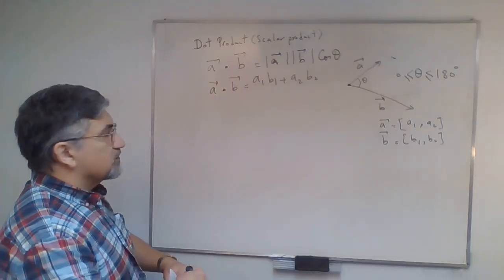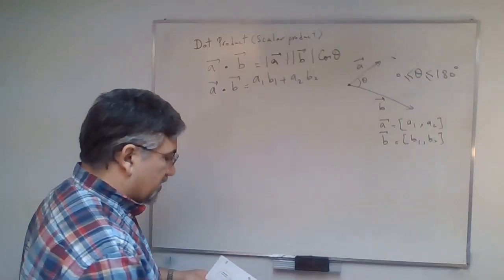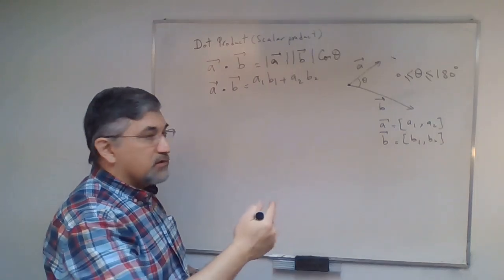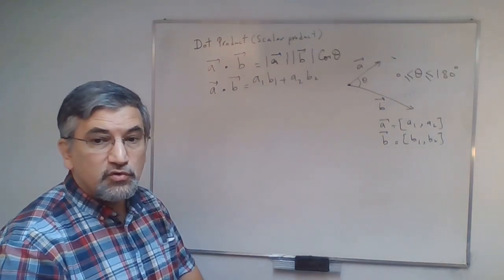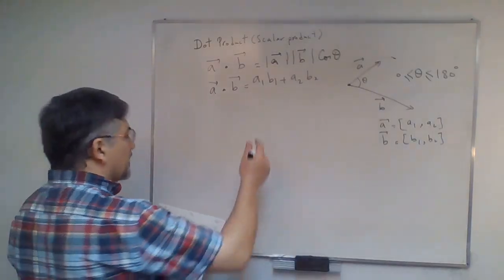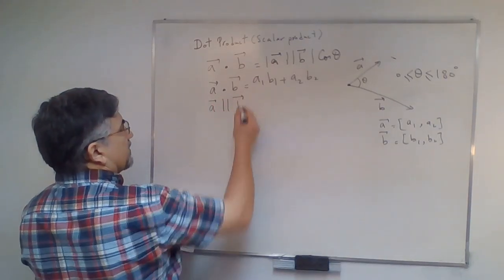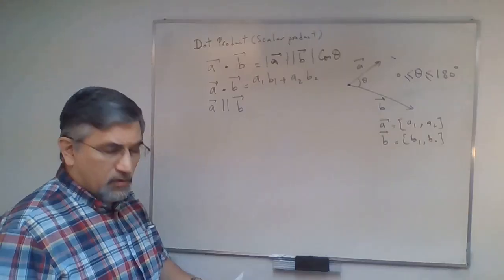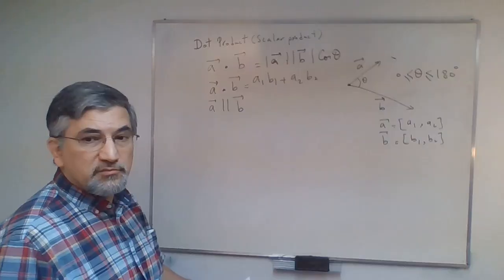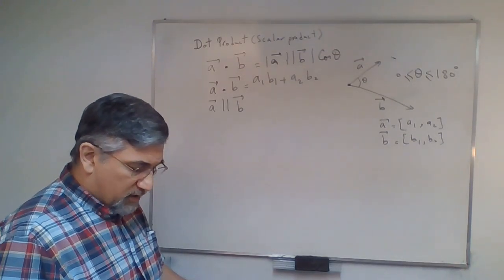Now, you can have the two vectors parallel. If you draw them tail to tail, they will be actually collinear vectors having the same extension. In that case, if they are parallel, obviously the angle that they're making with one another is 0, and cosine of 0 happens to be 1.